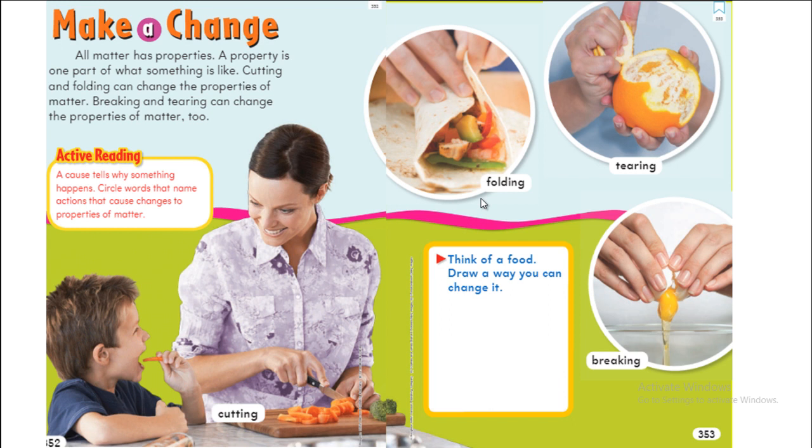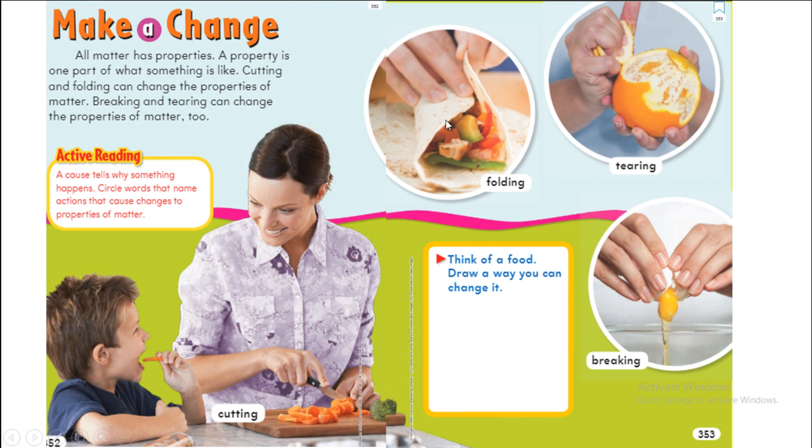If I want to change something, I'm gonna change the properties. Cutting or folding papers in my book can change it. So it's gonna change the properties of the book. Breaking or tearing also can change the properties of anything, not only my book.